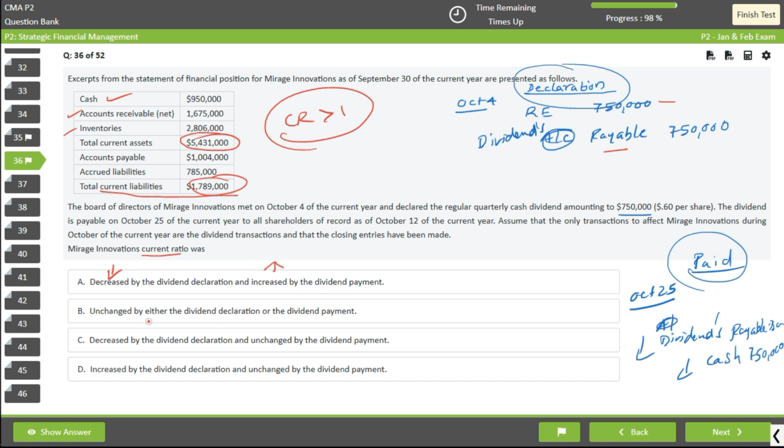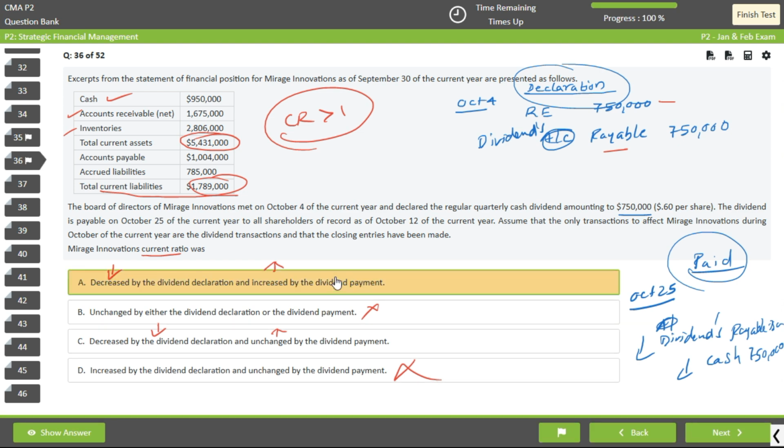So it is not unchanged by the dividend payment. The correct option is that it decreases by the dividend declaration and increases by the dividend payment. So this is the correct option.